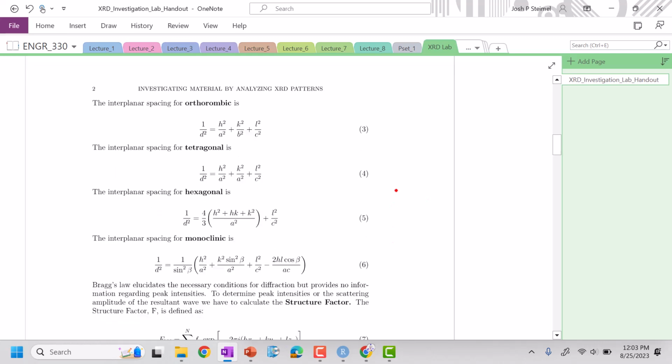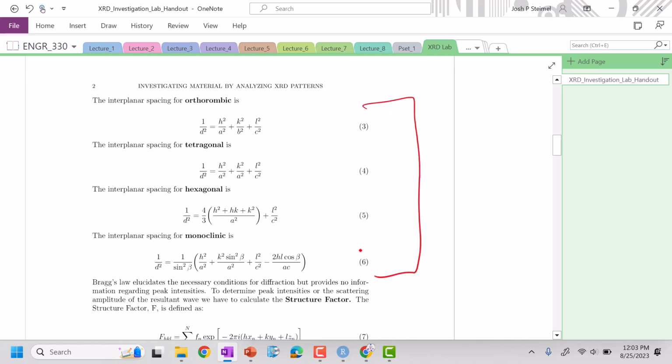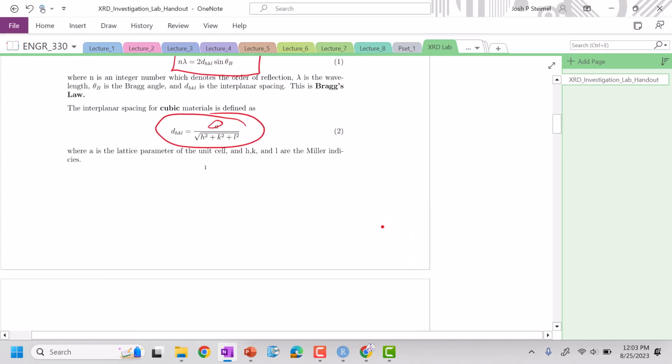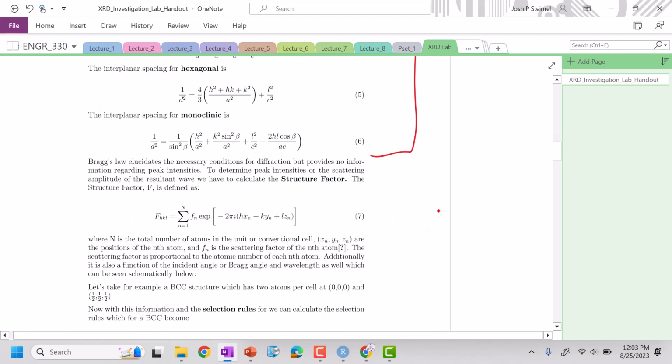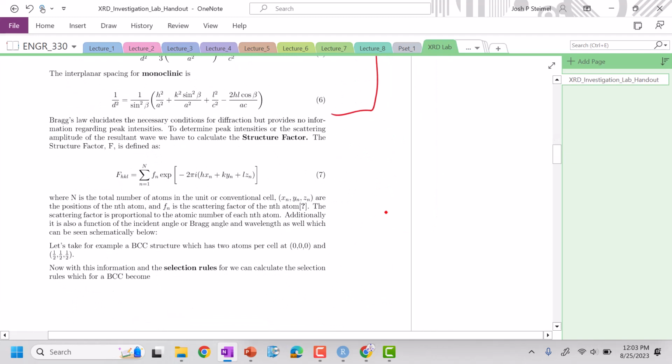Again, we have different expressions for different structures, and we could have investigated many of these, but we are going to keep it a little more straightforward and focused on cubic materials. So we're going to utilize this expression significantly. Bragg's law will tell us the conditions for diffraction, but we don't have any information about peak intensities.